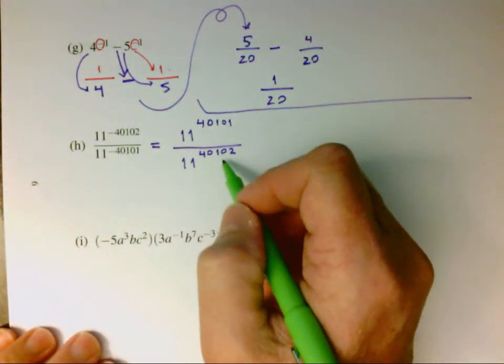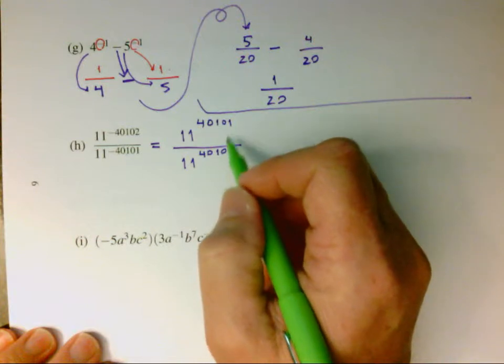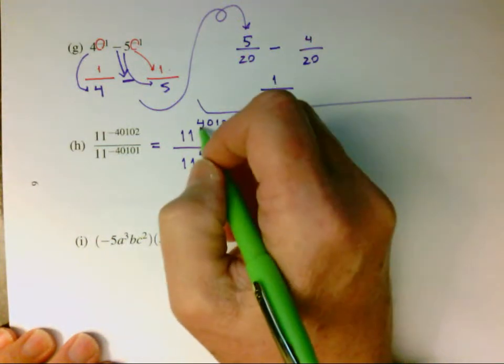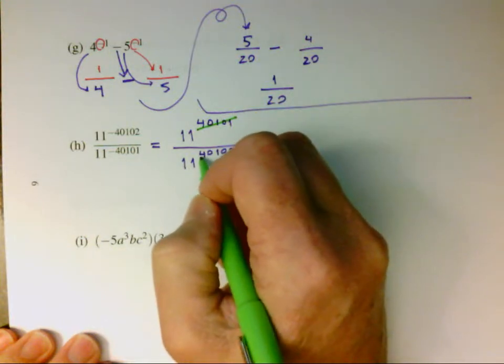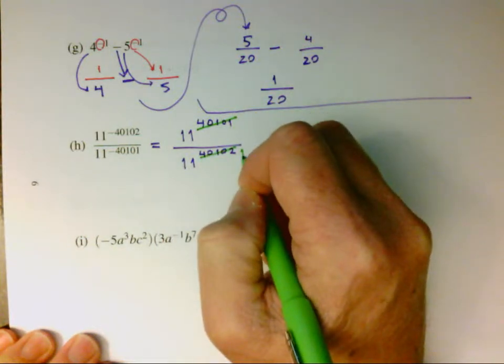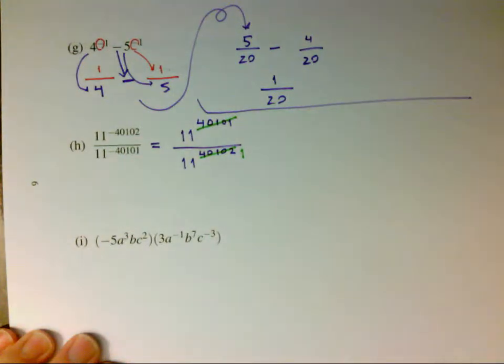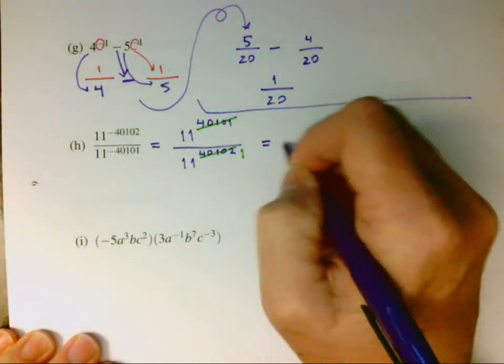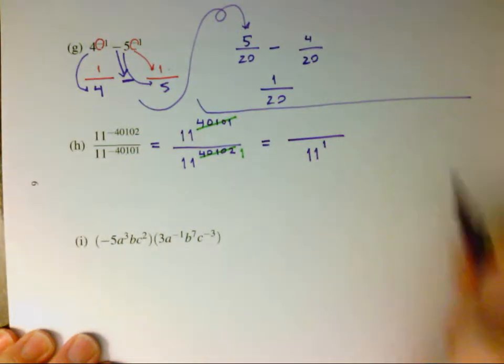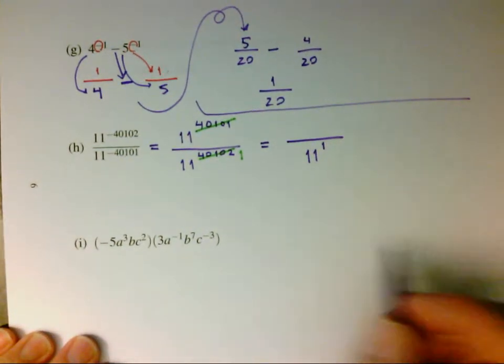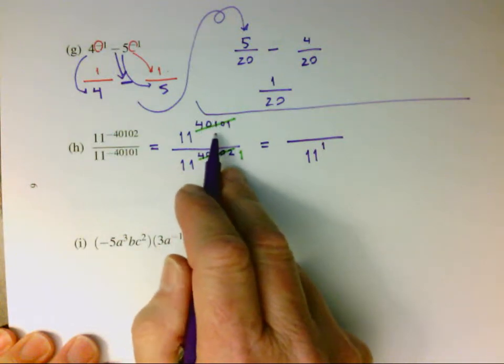That means we have one more copy of 11 on the bottom than we do on the top. So if we cancel all these off, we'll be left with 1 down here. So we will have 11 to the 1 power on the bottom. Notice that they're all gone up here.